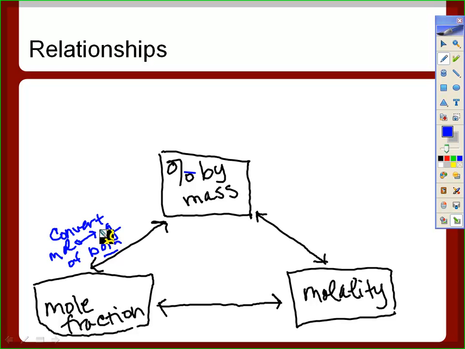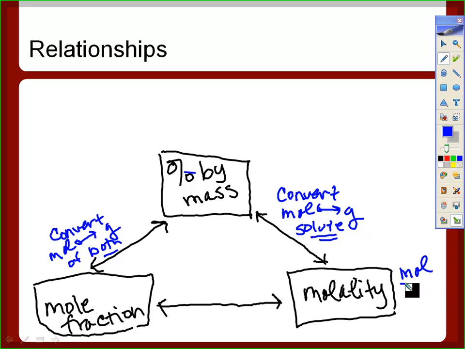If you wanted to go from percent by mass to molality, all you would have to do is to convert between moles and grams of your solute, because molality is moles of solute divided by your kilograms of solvent.